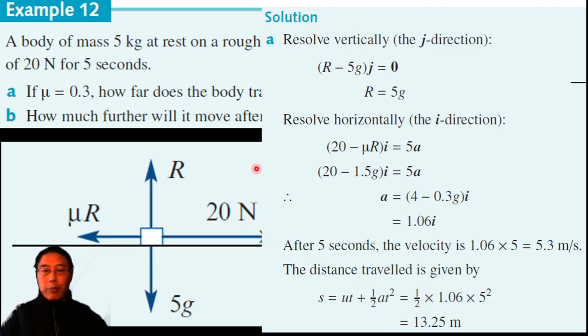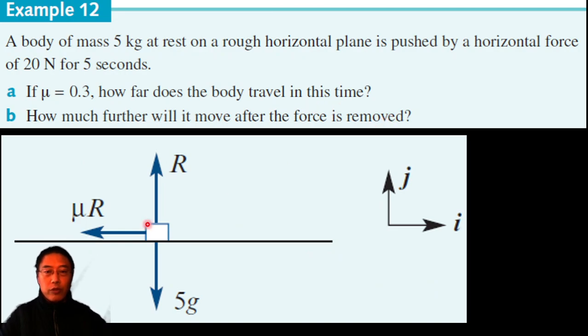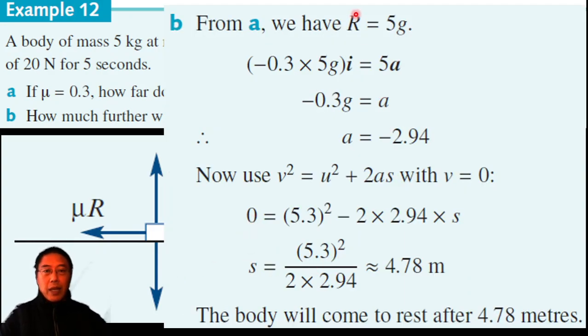So for part B, how much does it travel further after the force is removed? So you remove the force, and what's left is those three vectors. So again, you apply Newton's second law of motion. Vertically is the same. Horizontally, you will get a new acceleration, which is negative, which is constant.